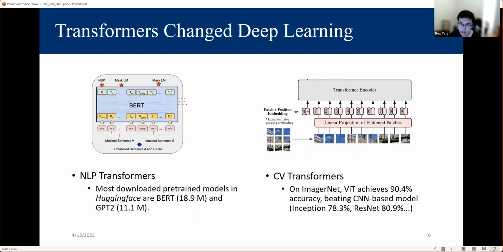For example, in NLP, BERT was one of the earliest transformer-based architectures, and since then, NLP has been pretty much dominated by such architectures. And in computer vision, more recently, vision transformer has achieved remarkable accuracy, beating some of the previous very popular methods like ResNet, VGG, and a bunch of ConvNets.